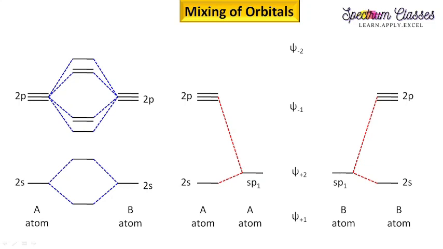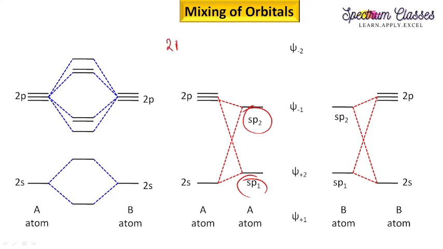Similarly, if we consider that the p orbital and the s orbital mix together, they again form sp2. Why this sp1 and sp2? The designation is just because two atomic orbitals combined, they will form two hybridized orbitals, right? Similarly, two atomic orbitals combined, they will form two molecular orbitals.